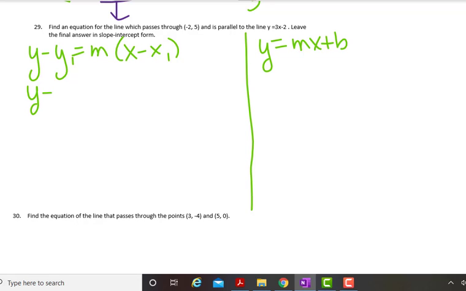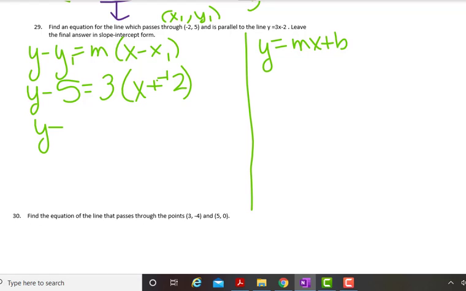So y minus y1. Now the point that we're given in the question is our x1, y1. So that means our y1 is 5. My slope is 3, and that will be times x minus x1, minus a -2. Now when we minus a negative, it turns into a plus. Now I need to solve for y because we're supposed to express our answer in slope-intercept form.